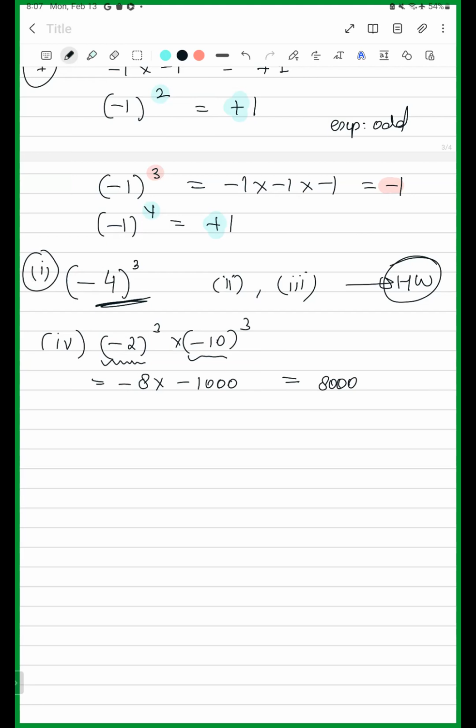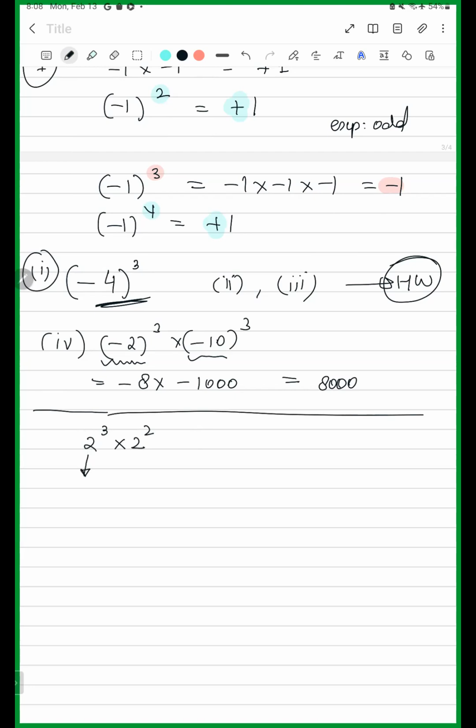Now let's see, if I tell you, Heba, what is 2 to the power 3 multiplied by 2 to the power 2? First of all, what is 2 to the power 3? 8.